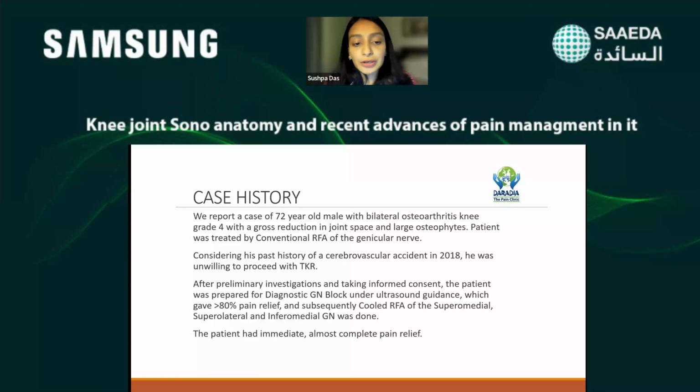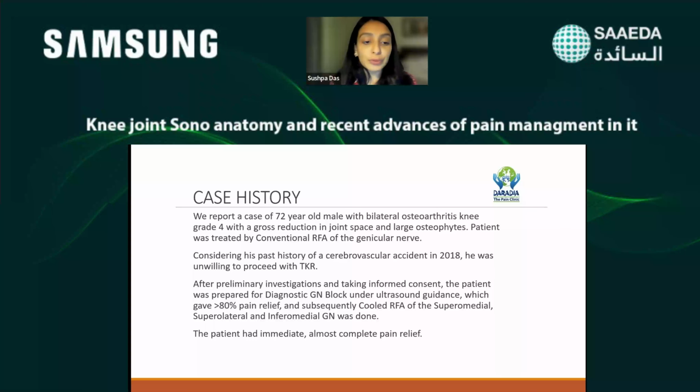So after the preliminary investigations and after taking a proper informed and written consent, the diagnostic genicular nerve block is first done, and then once it has given more than 80% pain relief, we went for cooled RFA.